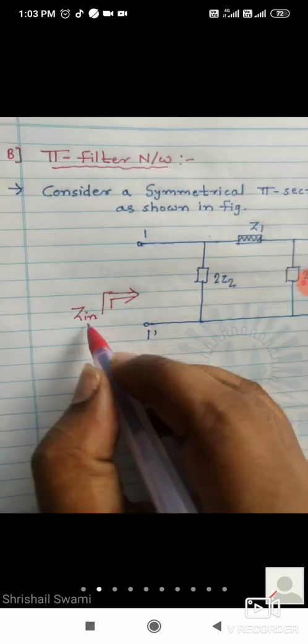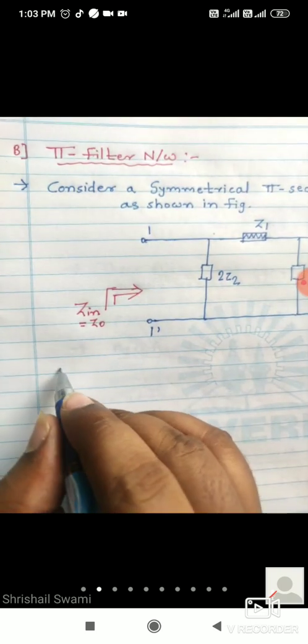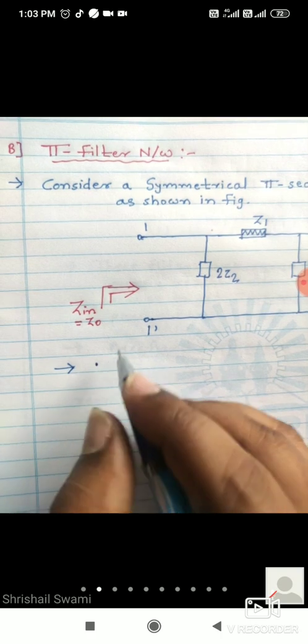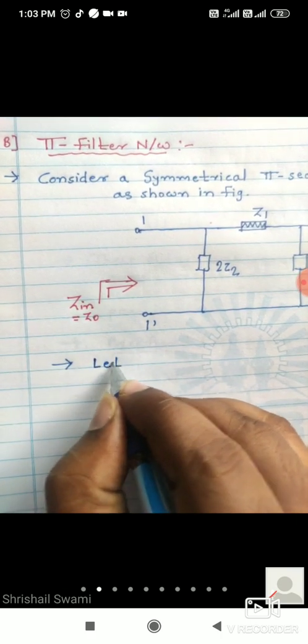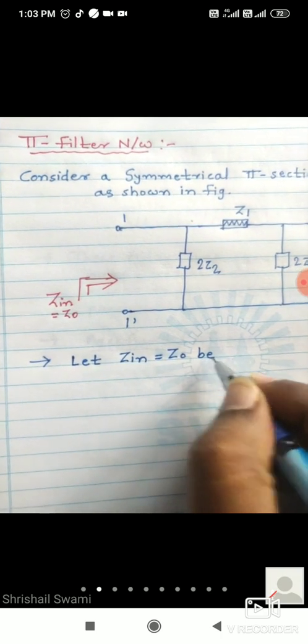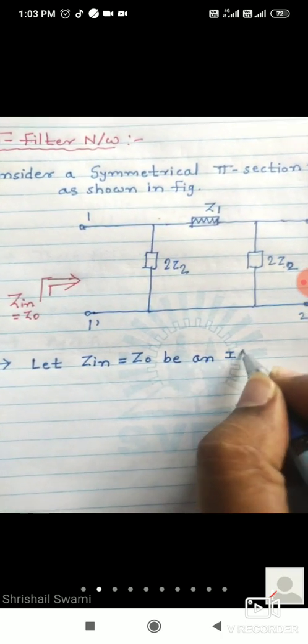Okay, so Z in we can consider as the characteristic impedance Z0. So we will start the derivation. Let Z in is equal to Z0 be the input impedance.